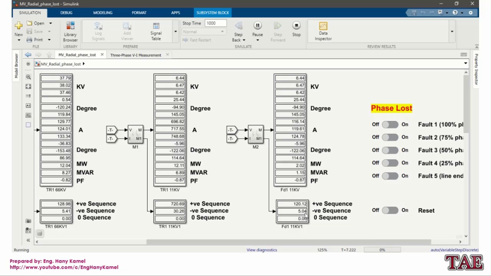Before we make the fault, these are the values for positive, negative and zero sequence for feeder number 1. Now we'll make fault 5. This will remove the last load, only one phase from the last load. We can see the imbalance increased, phase A or phase R has less current, and the zero sequence value increased.